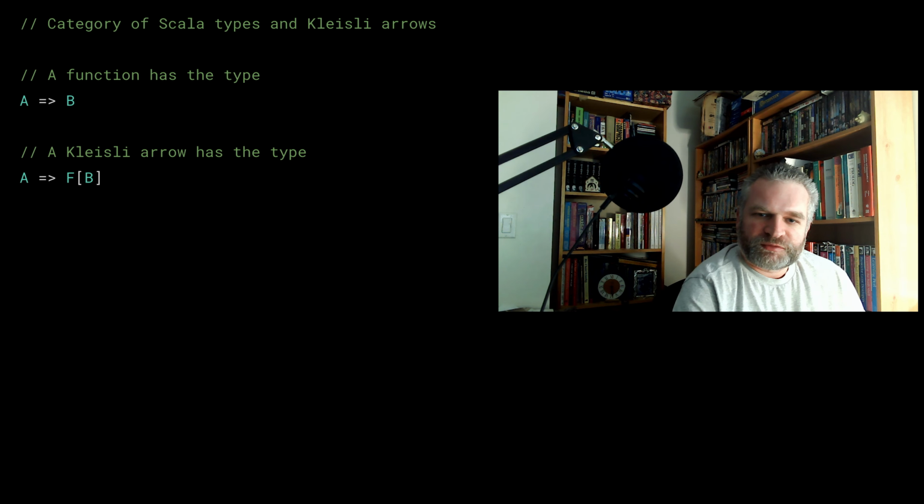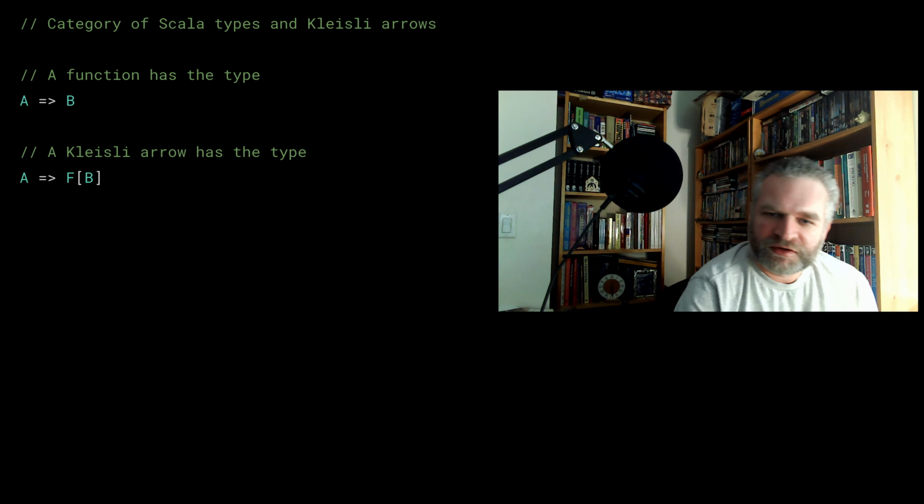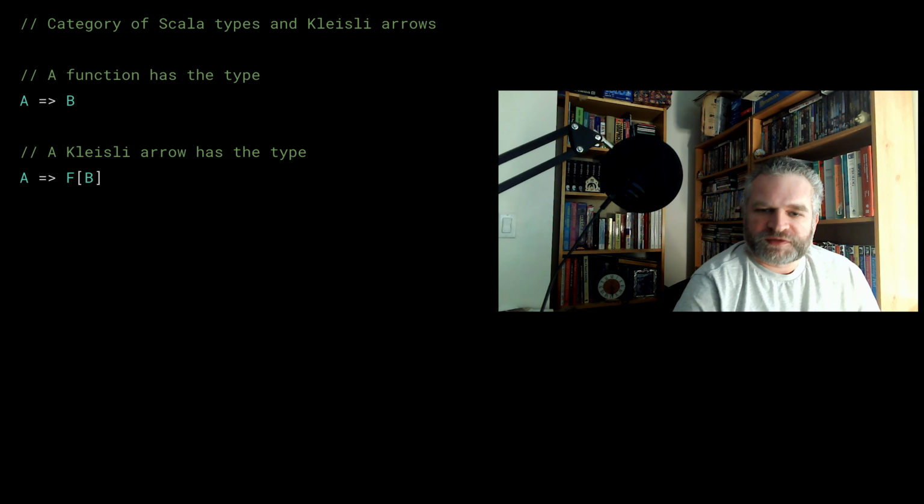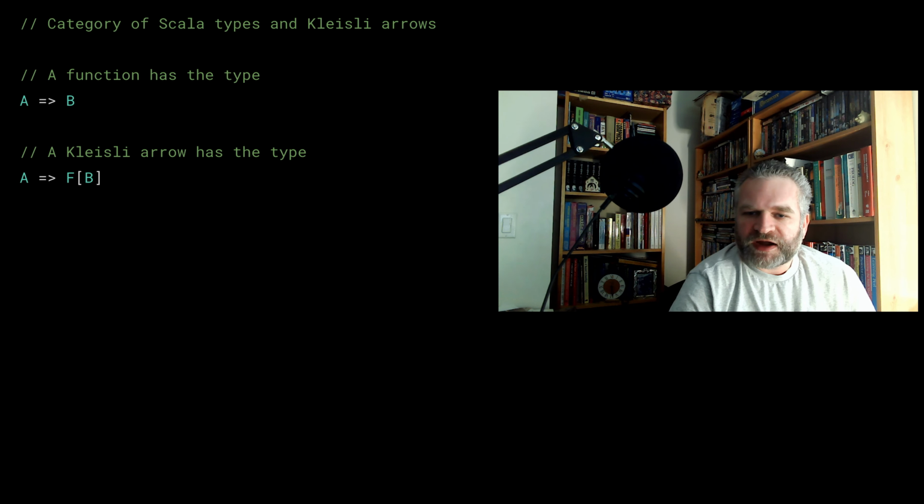So the category of normal Scala functions is just of interest, but where it becomes much more interesting is we make a category that consists of Scala types and Kleisli arrows. So what is a Kleisli arrow? Well, a function just has the type A to B, right? So it maps type A to type B. So a Kleisli arrow just maps an A to an f of B, where f is some functor, right?